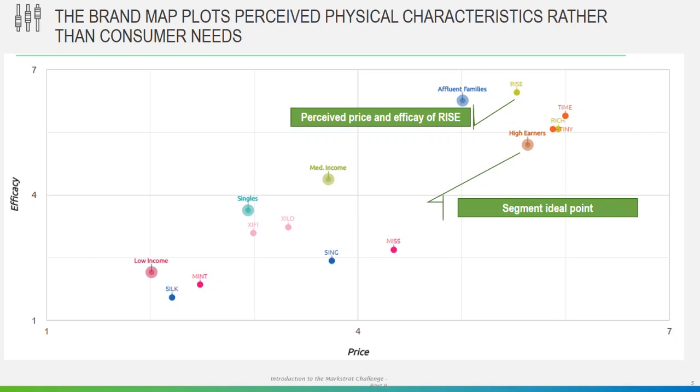In this chart, we've got efficacy on the y-axis and price on the x-axis. Again, it's the same concept. The closer you are to the ideal values of any particular segment, the better the product is received by that market, and thus the greater the chance they're going to actually purchase it.